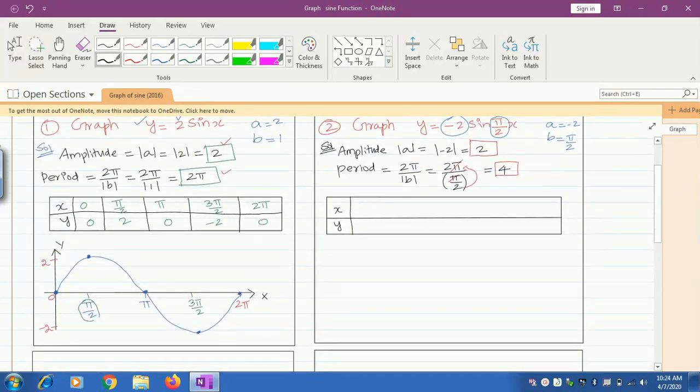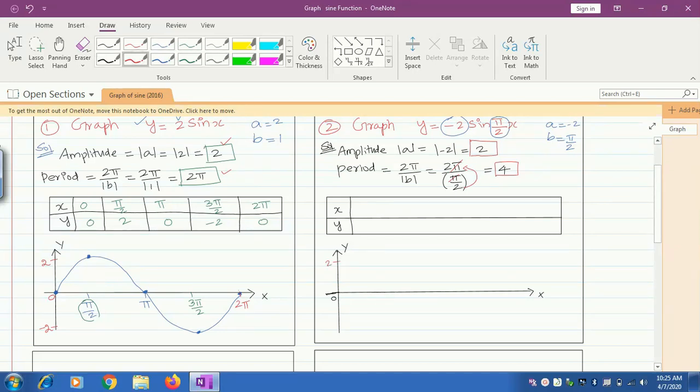So draw the graph. What is the graph of this? This is my y-axis, this is my x-axis, and this is 0. And what is the amplitude?